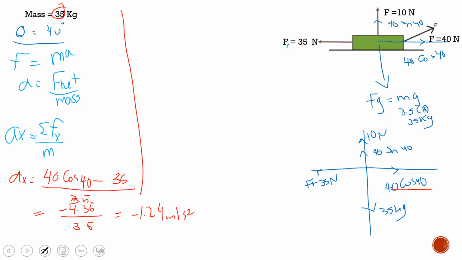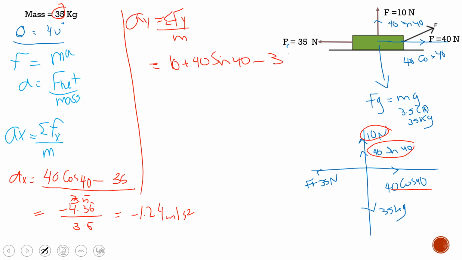Let's now find A sub y. A sub y is F sub y over M. So F sub y is 10 plus 40 sine 40 minus 35, which will be 0.71 meter per second squared.